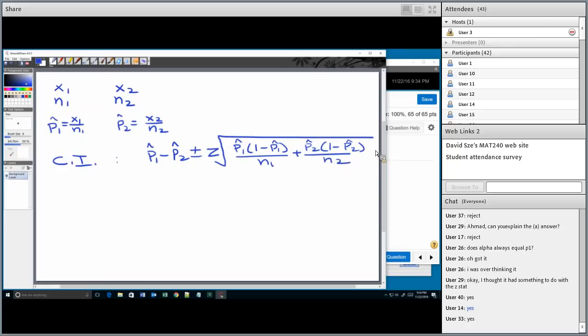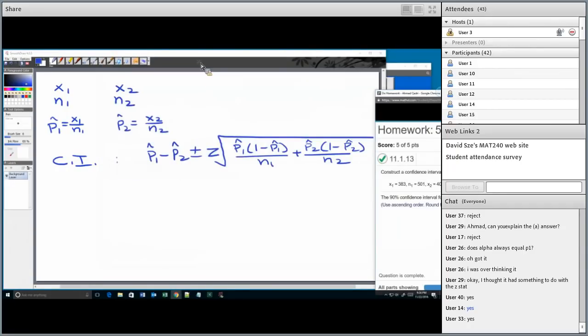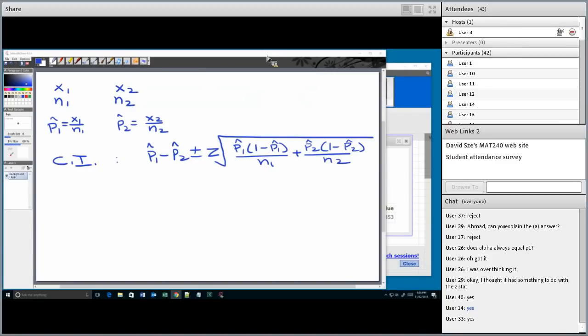For example, in this problem we have 383 and 501, and x2 is 407. Now these numbers will be different for you, okay? Every one of us gets a different set of numbers, so here are the numbers that I have in my problem. So I have x1, n1, x2, n2. These are the values.